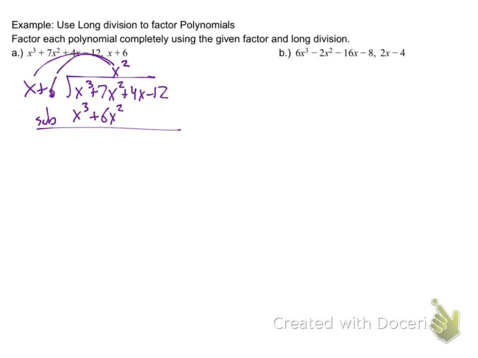I do this every time on purpose. I need you guys to understand that you will be subtracting that second line from the first. What's x cubed minus x cubed? 0. Gone. It goes away. We engineered that to happen. It should always happen. Then we got 7x squared minus 6x squared. It'd be an x squared.